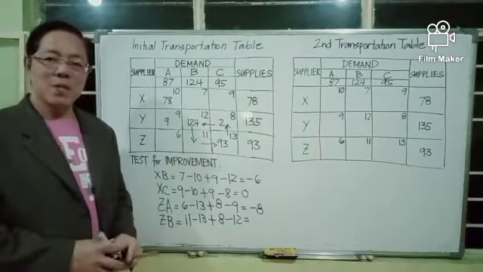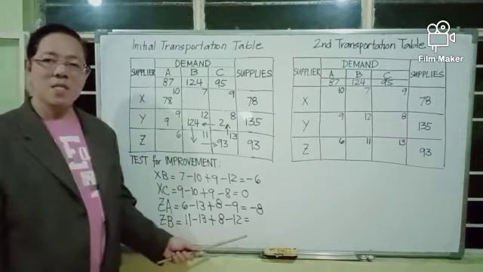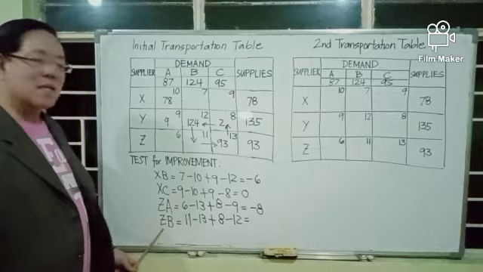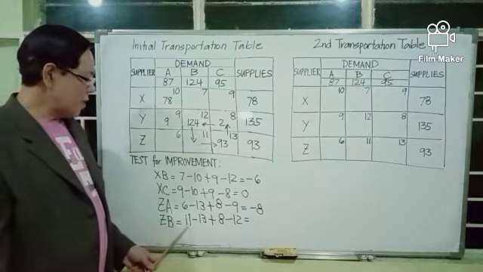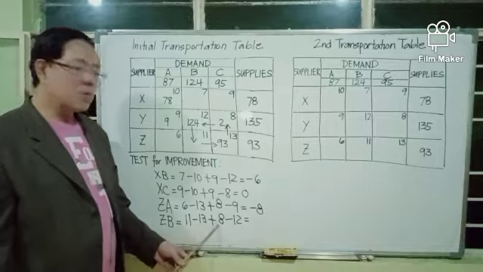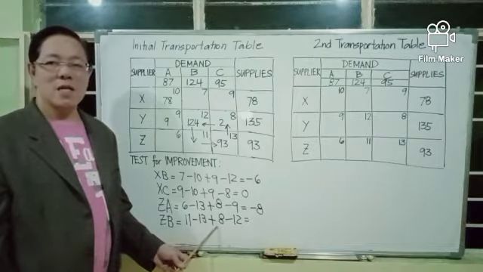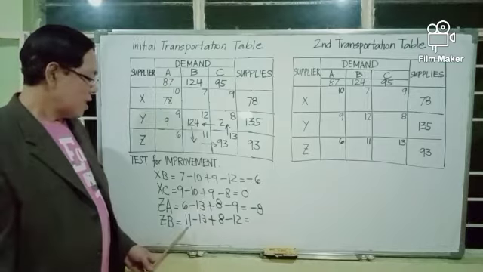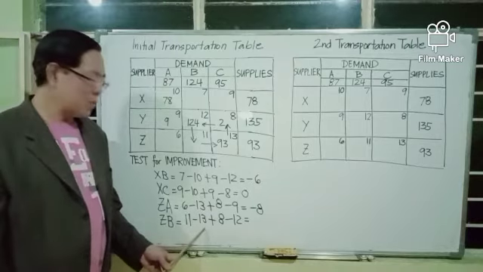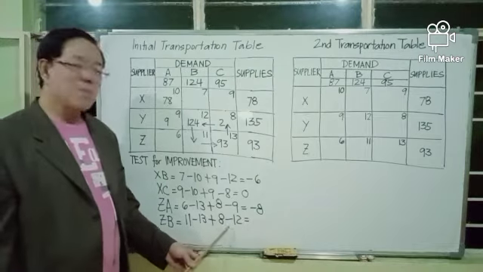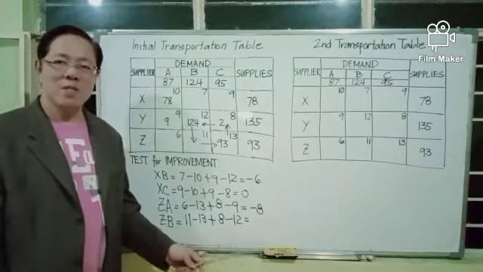And we compute the sum and difference of these numbers to find the net cell cost for the vacant cell ZB. We have 11 minus 13 is negative 2. Negative 2 plus 8 is 6. And 6 minus 12 is negative 6.